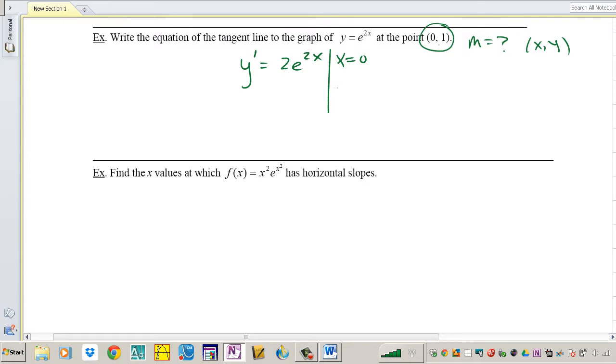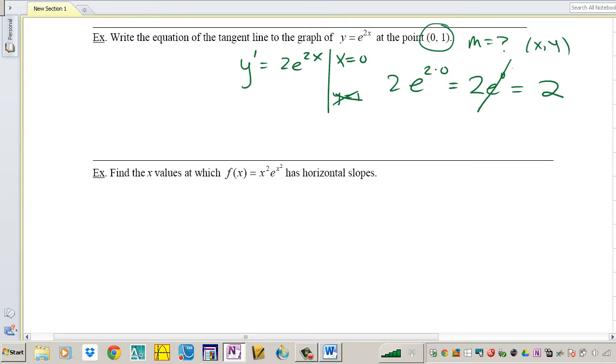Now notice you cannot plug in y equals 1 because there is no y, so disregard the y for right now. When you guys start doing implicit differentiation, you'll start seeing how we can plug in a whole point into our derivative. But for right now, you cannot do that. 2e to the 2 times 0 is 2e to the 0, which is 2.